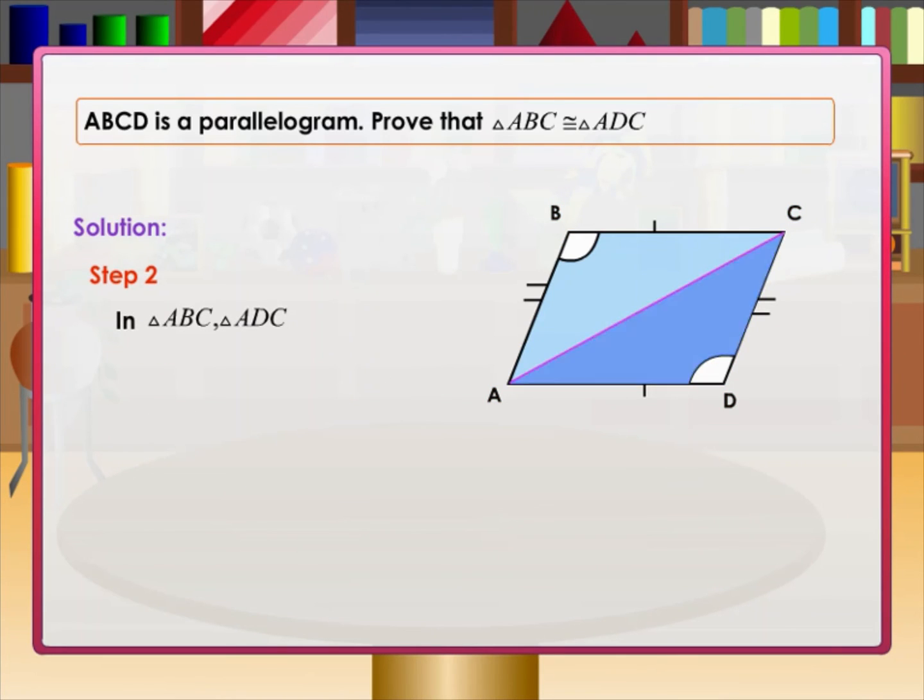In triangle ABC and triangle ADC, the side AD is equal to side BC, angle B is equal to angle D, the side AB is equal to side CD.